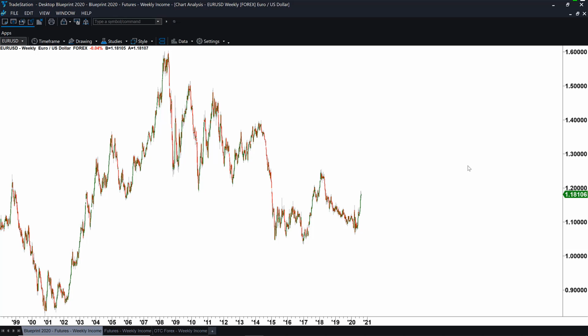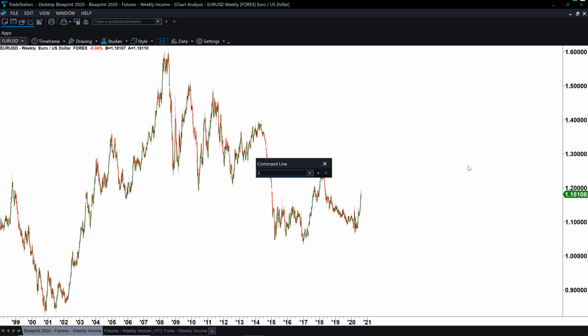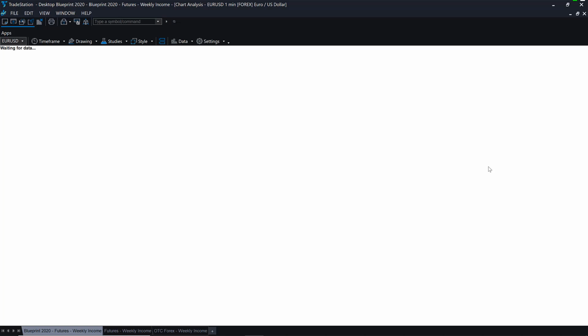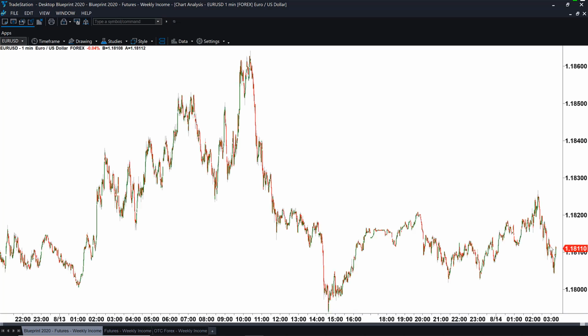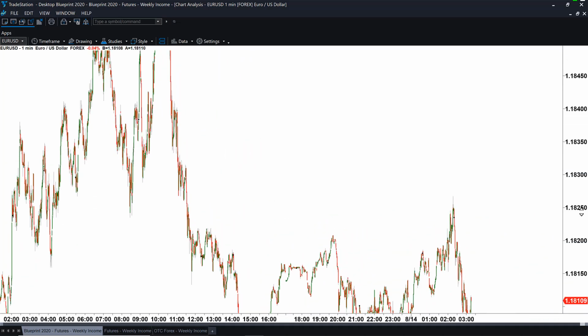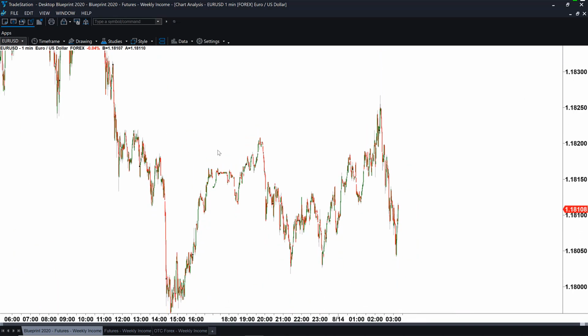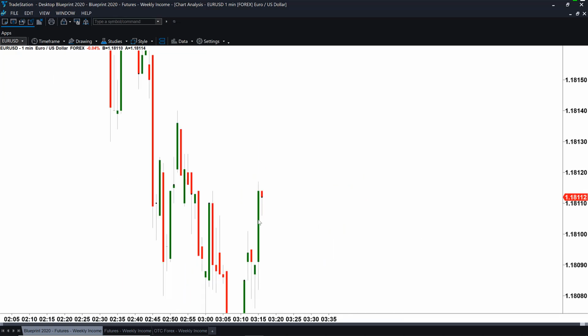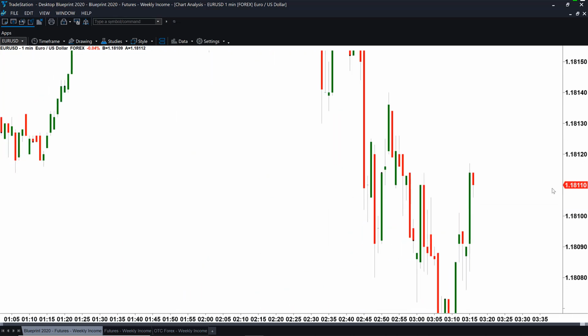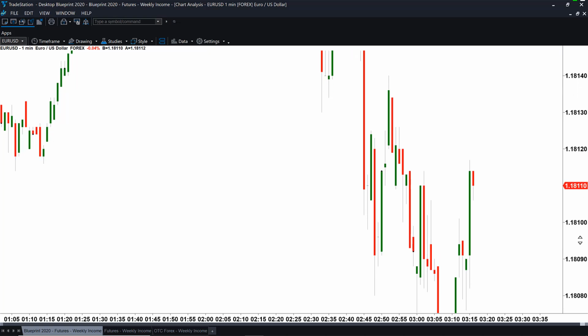What I'd like to do here is go down to a small time frame, a 1 minute chart, and just see what's happening on the right axis. Let me zoom into current price. Right now what you're seeing is the current price of the Euro US dollar constantly moving, right?